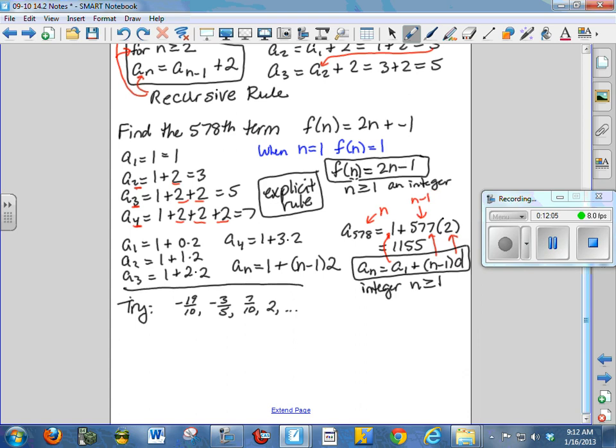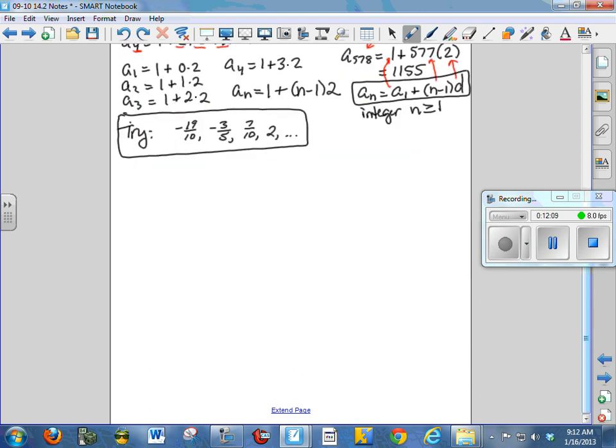Now I've got a problem for you to try. What I'd like you to do is to, 1, find d. 2, write a recursive rule. 3, write an explicit rule.